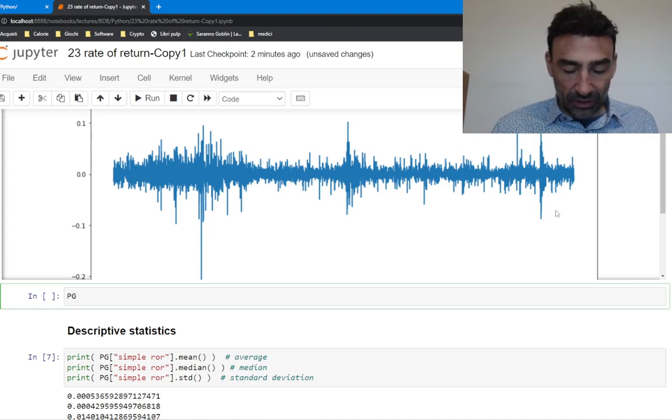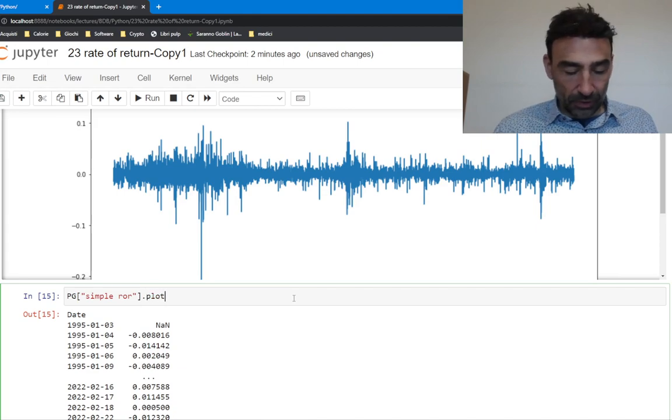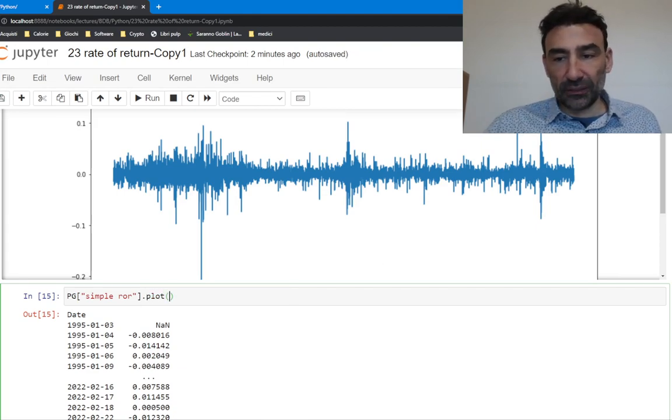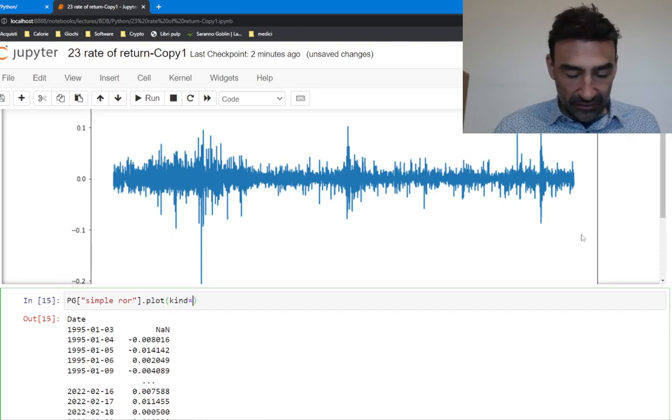So we take simple raw. Okay, this is the, let's check it, yes. Dot plot. Always dot plot, but this time, instead of leaving it like this, we specify kind equal hist. So we specify that we want a histogram. We specify also how many bins.